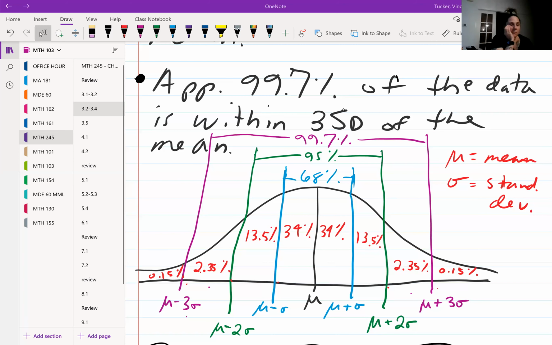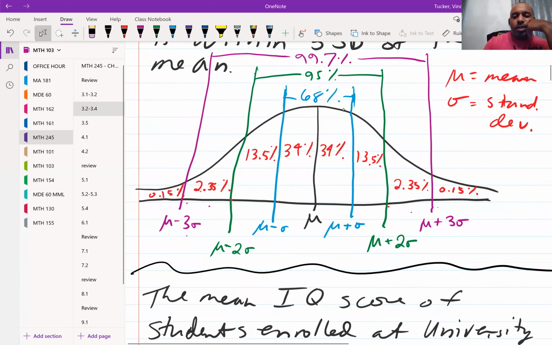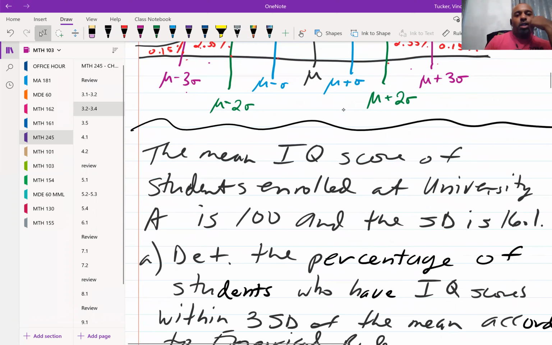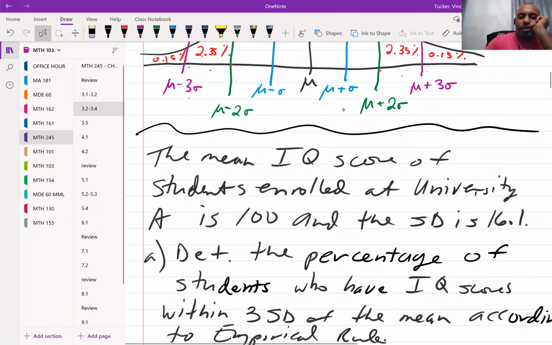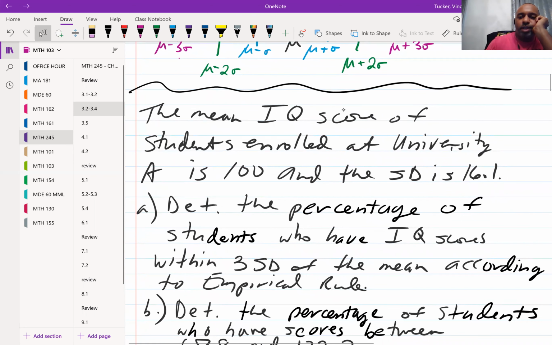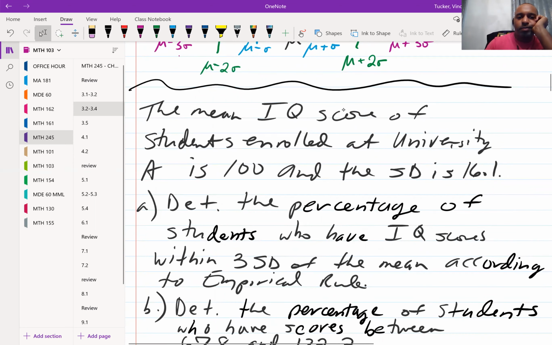All right, guys. So let's put an example to this. It says the mean IQ score of students enrolled at University A, just some random university, is 100 and the standard deviation is 16.1.